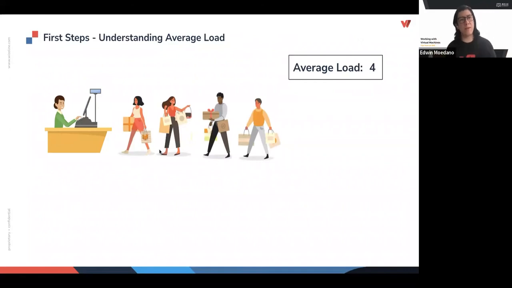But when we start seeing that, all these processes are waiting to be processed by the processor. So we can say that we have a high load right now, because for one cashier, it's going to take maybe 20 minutes, more or less, to process all these requests from different processes.